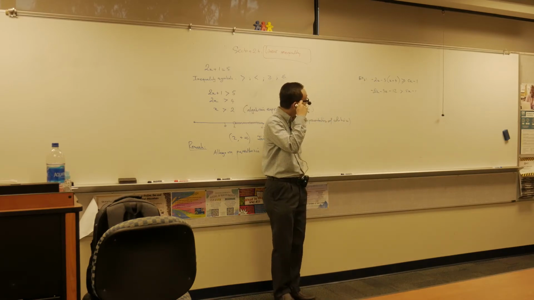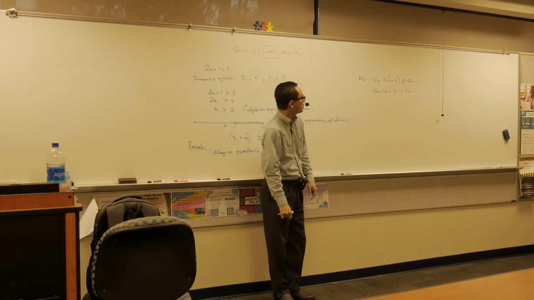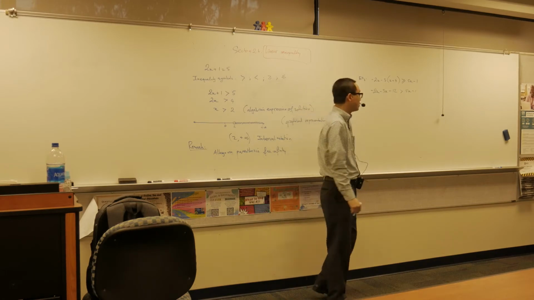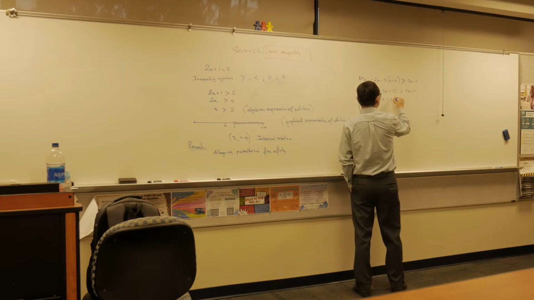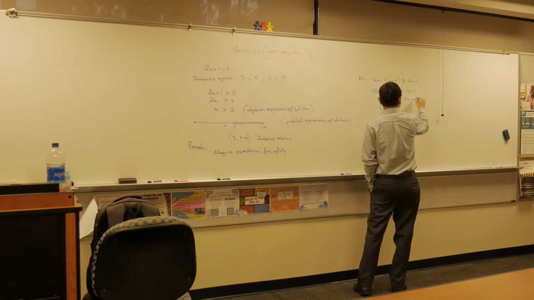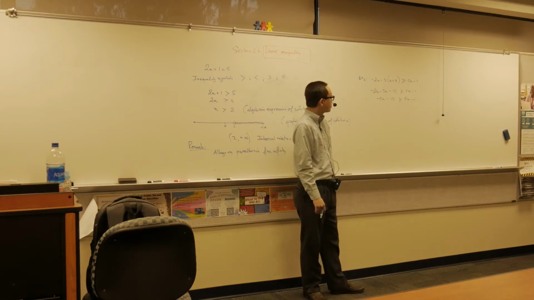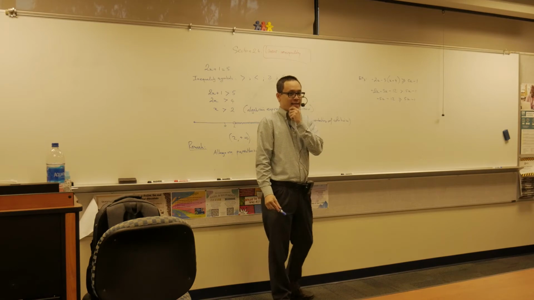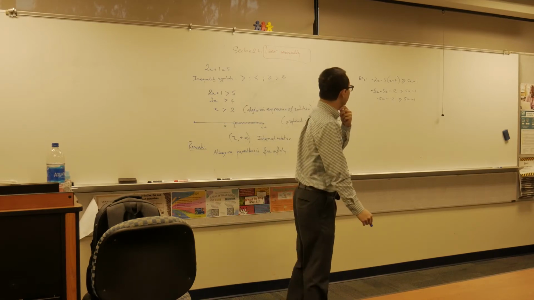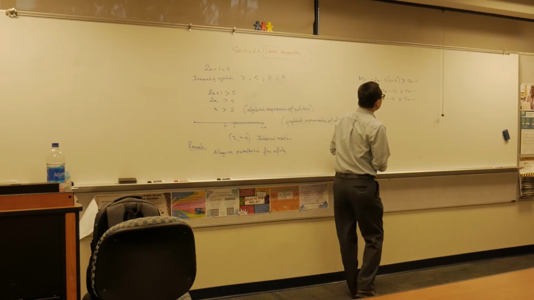What next? What is the next step? Combine like terms. Combine like terms, very good, because you follow that strategy. Negative 2x minus 3x is negative 5x. What next? Move the 5x over.